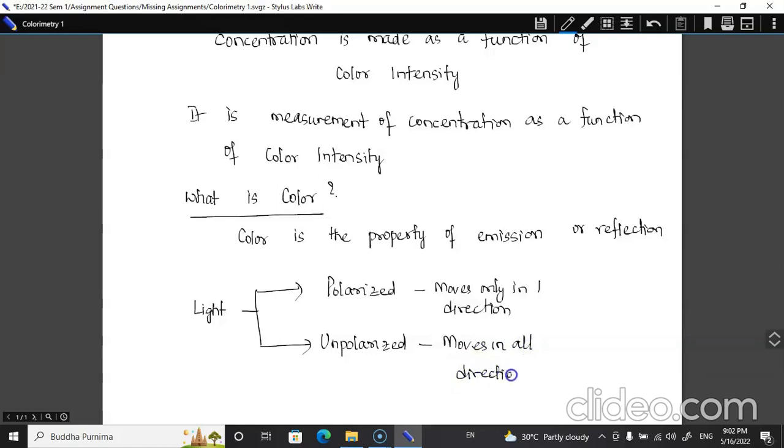You can see over here, the above one is polarized light, which moves only in one direction, and this one is the unpolarized light, which moves in all directions.